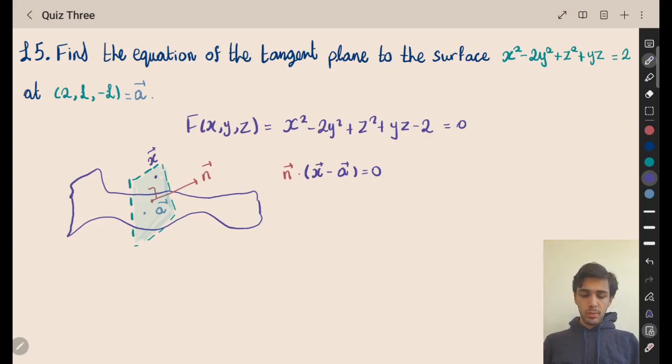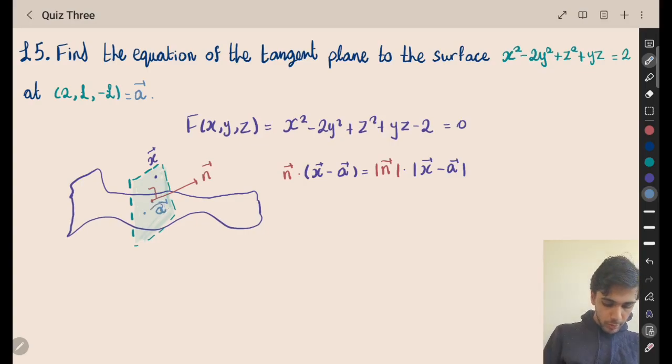Why do I want this? Well, let's see. First off, we know that the dot product can be written as the magnitude of n and the magnitude of the other term, which is in this case x minus a, the other vector. By the way, x minus a is a vector. If this is not clear, let me use blue to emphasize that.